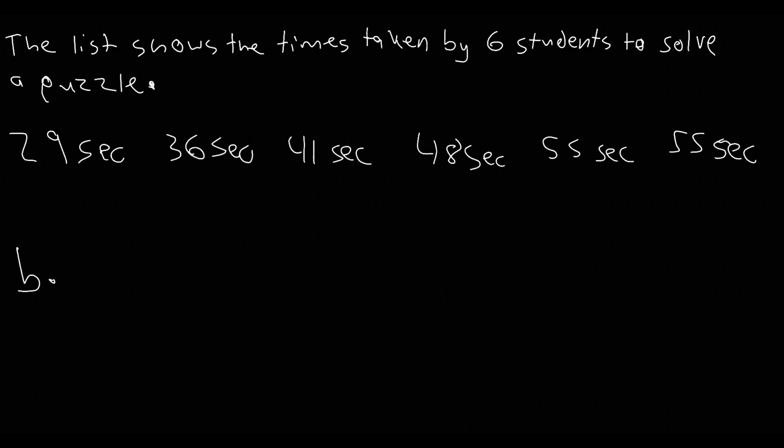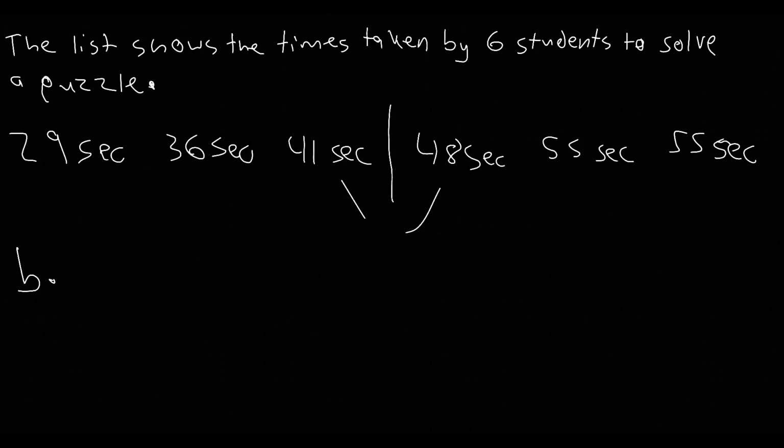So I can actually split this up into two, where this side has 3 values and this side has 3 values. Now, this line basically represents the middle of 41 and 48.